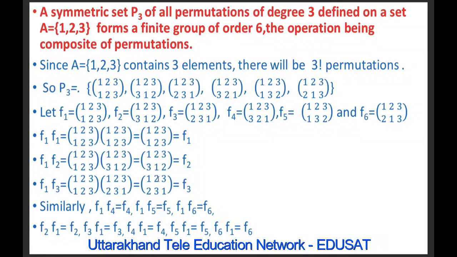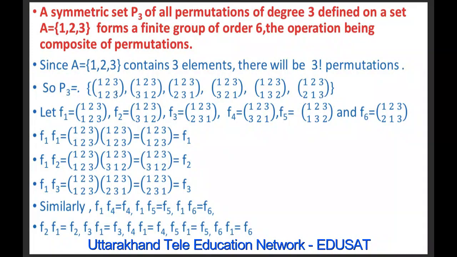So there will be factorial 3 permutations because we can arrange these elements in factorial 3 ways. Factorial 3 means 3 into 2 into 1, which is equal to 6. So we can arrange the elements 1, 2, 3 in 6 ways, like 1 2 3, 3 1 2, 2 3 1, 3 2 1, 1 3 2 and 2 1 3.